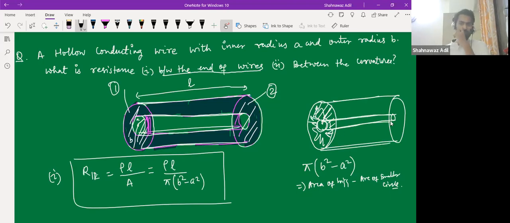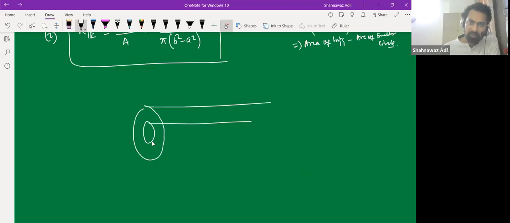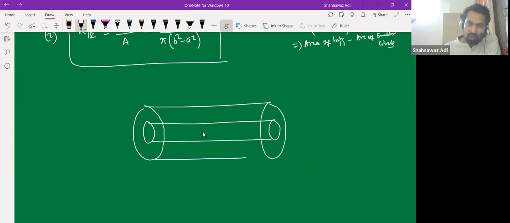First I will take a very small element, so to calculate the resistance between this end and this end.